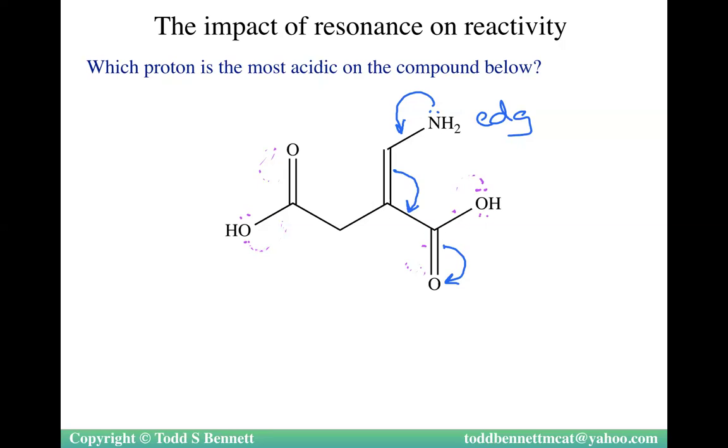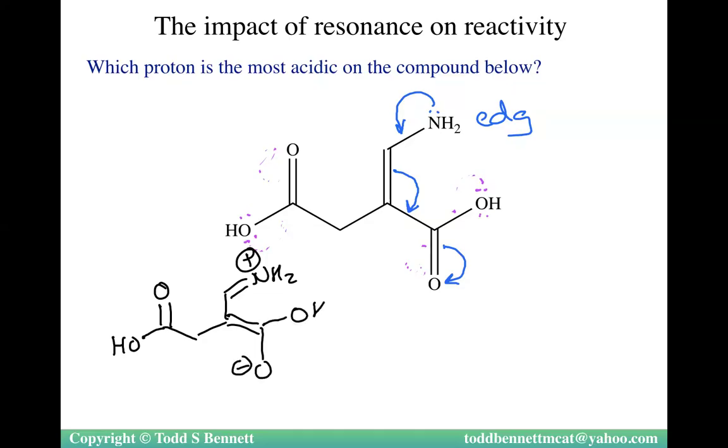So if I focus just on the blue portion, then this resonance structure, because this group is donating into the same spot this one was donating into, this doesn't donate as much.